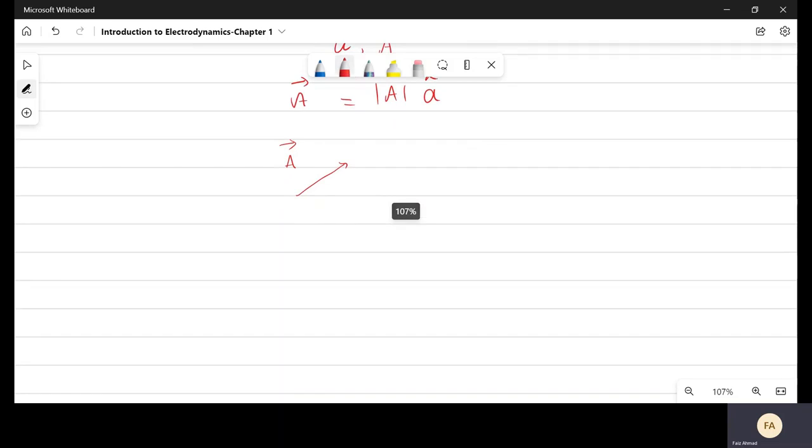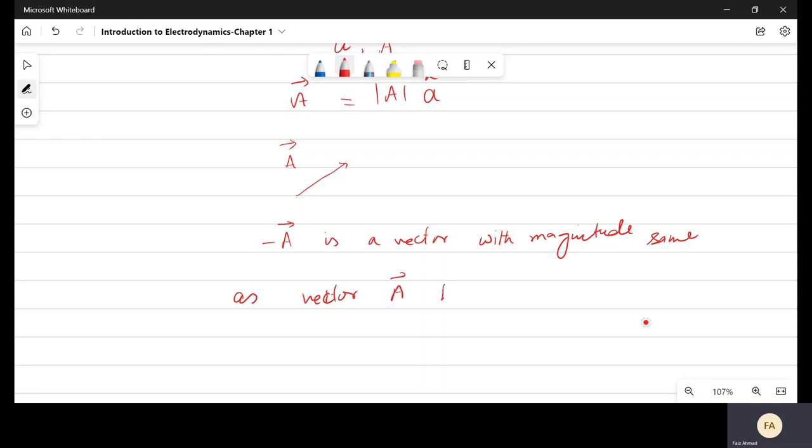So if we have vector minus A, that means a vector with magnitude same as vector A, but opposite in direction.